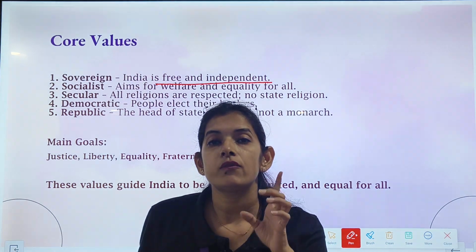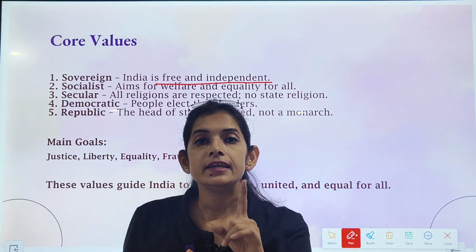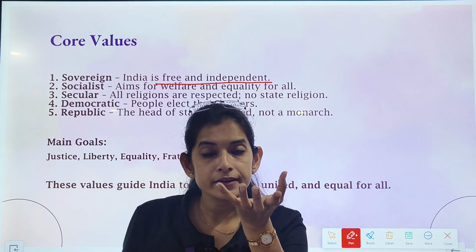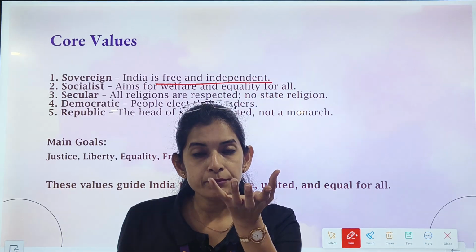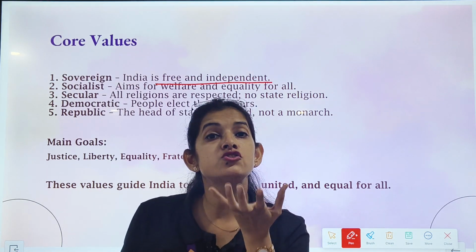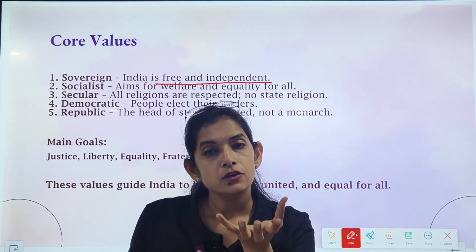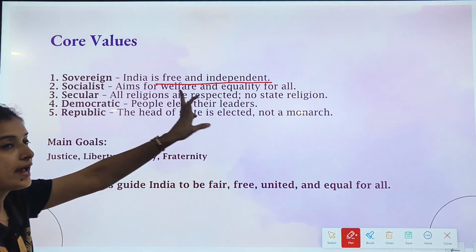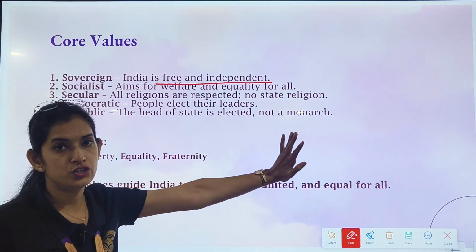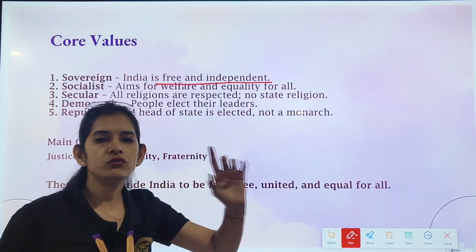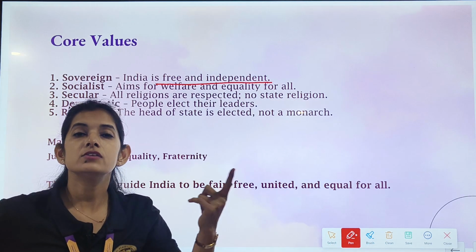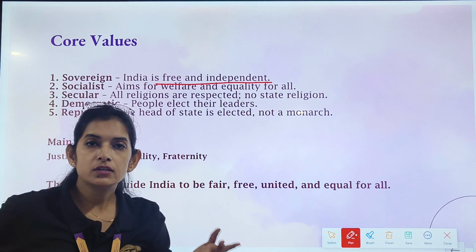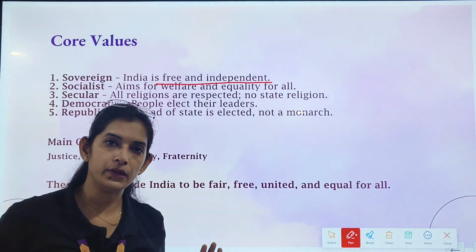Prior to 15th of August 1947, India was a colonial state, right? But after we got independence, we became a sovereign country. Clear? So sovereignty means that India is a free and independent nation. Whenever you hear the word sovereign, it means that particular thing is free and independent.